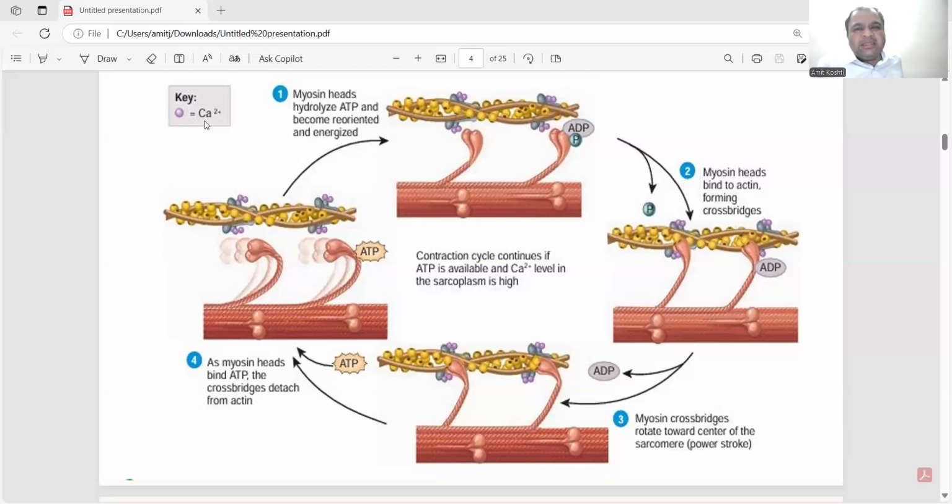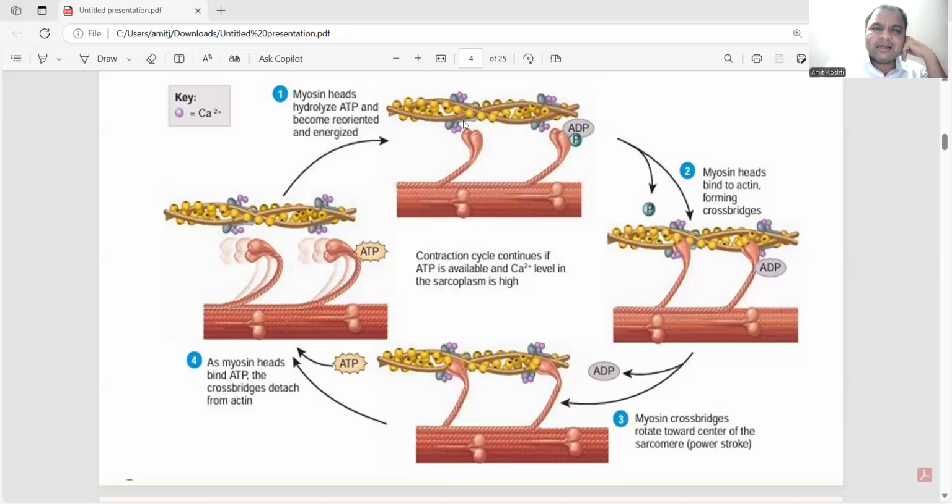This calcium ion has a binding site on the troponin molecules. Troponin, this gray color structure, nails the tropomyosin to its place.